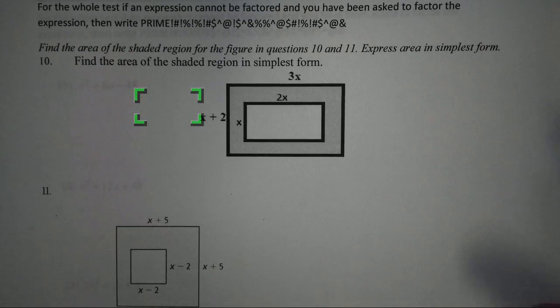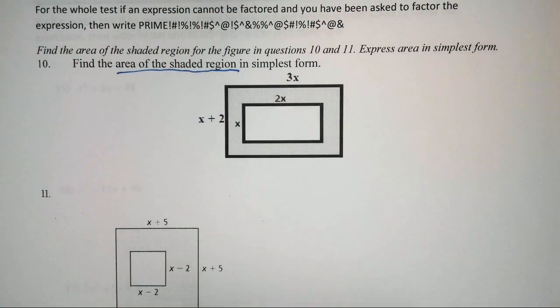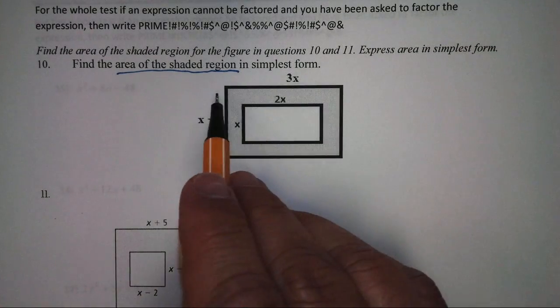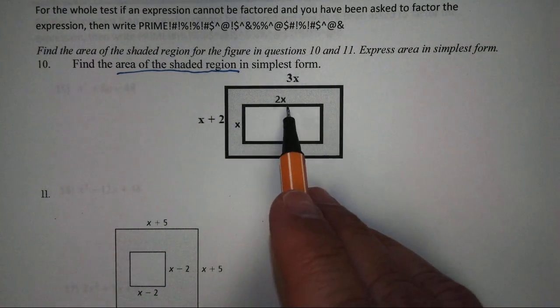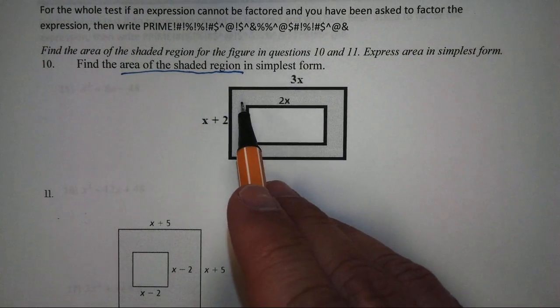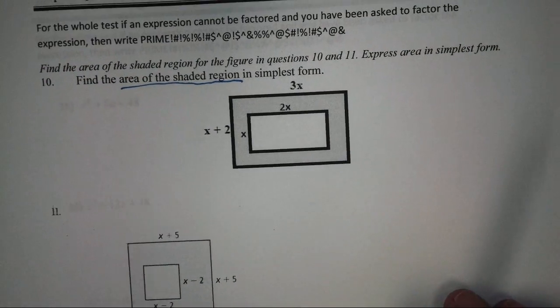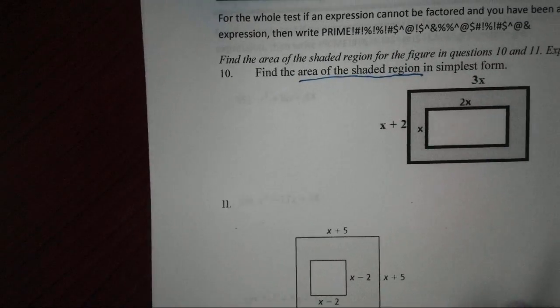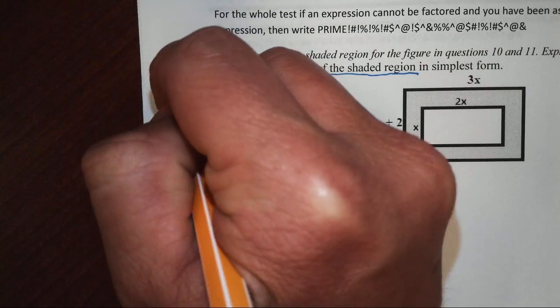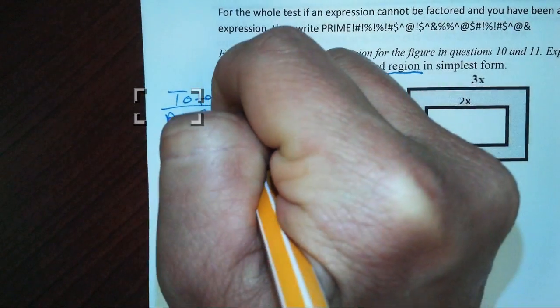Okay, number 10. It says find the area of the shaded region. Well, if I find the area of the whole thing, and then I take out the white part, that leaves you with just the shaded. So I'm going to find the total area of the box. Remember, area is equal to length times width.